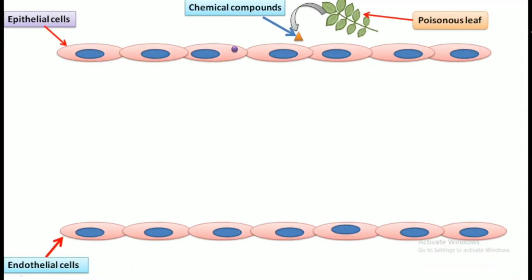Those plant parts consist of compounds which bind with the proteins in our skin. Suppose this is the epithelial layer of our skin and this is the endothelial layer. The poisonous leaf compounds will bind with these skin proteins and alter the protein component of the skin.